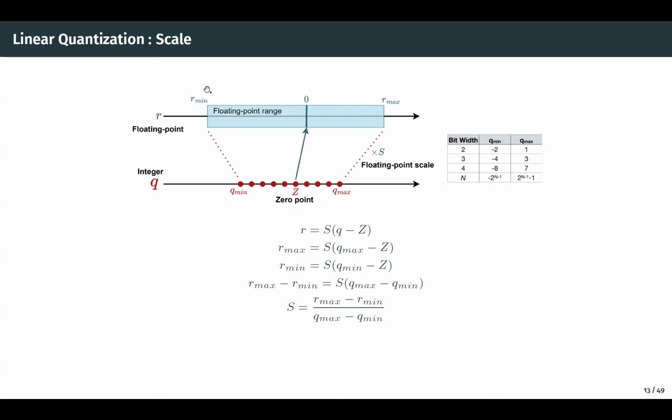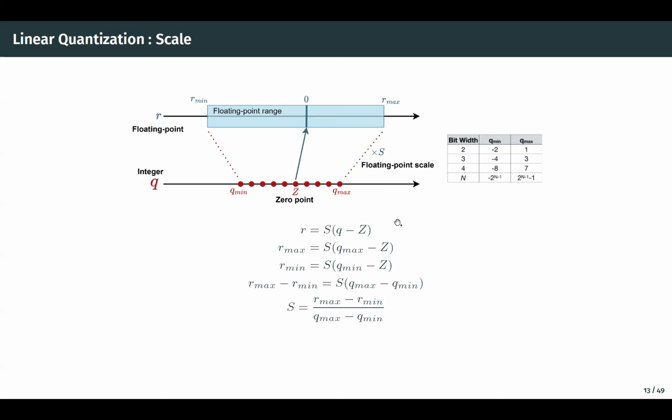If we need to find the real number, we have a scaling factor, which is a floating point number, multiplied by the difference between Q and Z. The Z is the 0 point. It is a way of representing the 0 point of the real number, which can be 0 or some other number based on how we want to align our quantization.